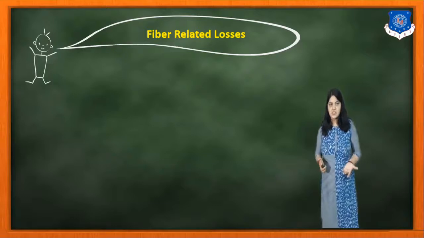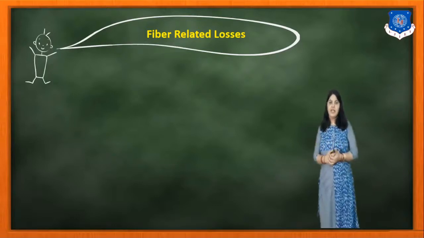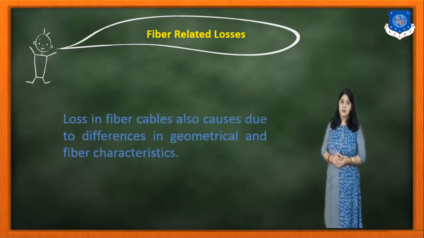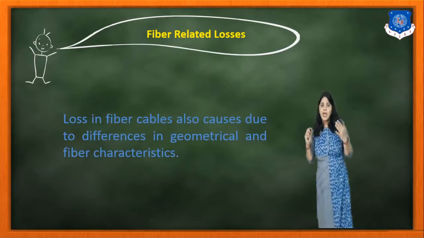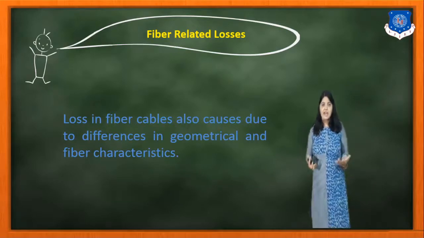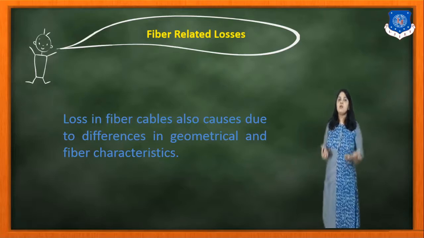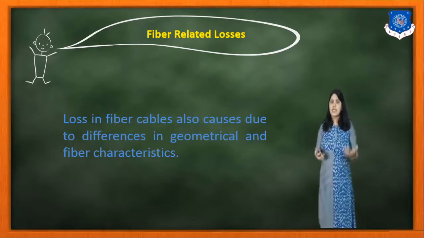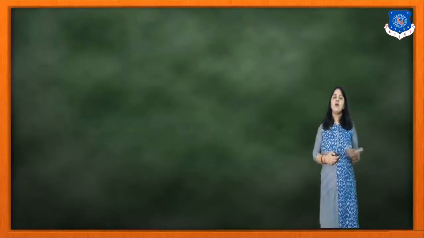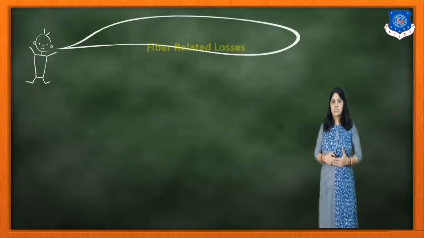Next topic is fiber related losses. Now what are the fiber related losses? There are many losses related to the fiber cables, and these losses can occur due to the geometrical and the fiber characteristics.